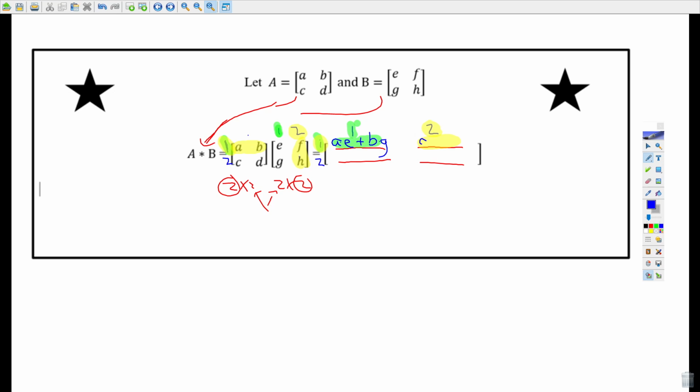So this would be A times F, that's the ugly F there, plus B times H. So you follow that? The first row we just used as we went down the second column.